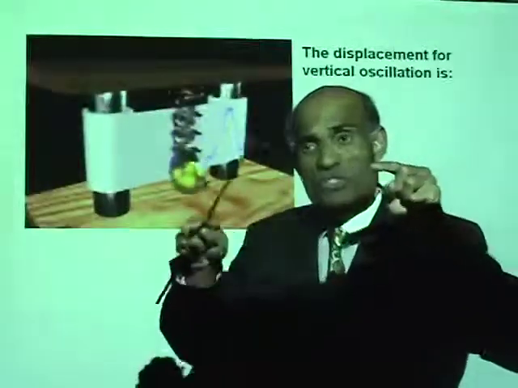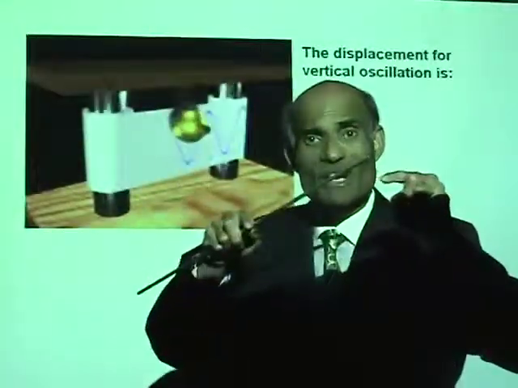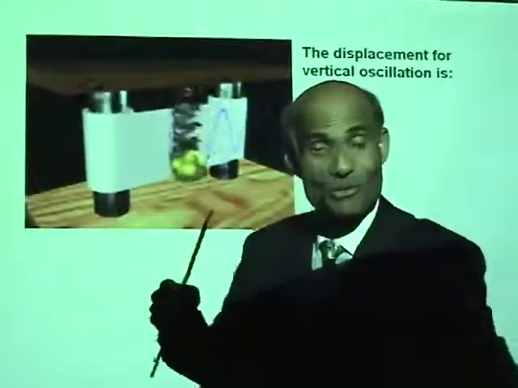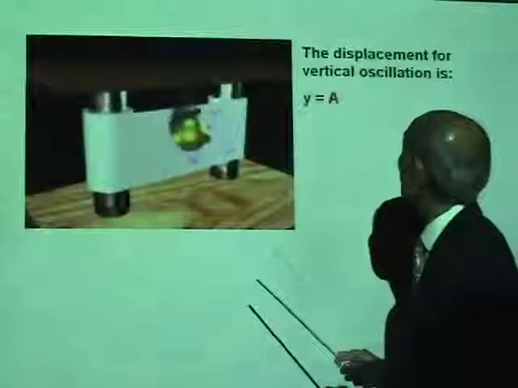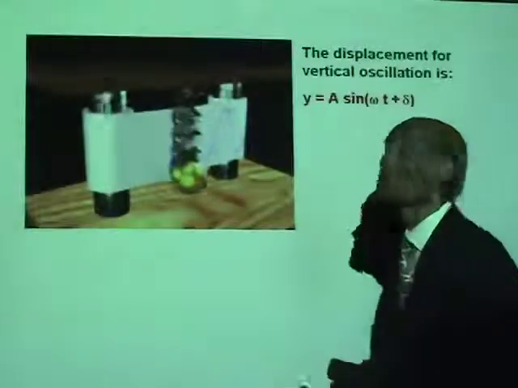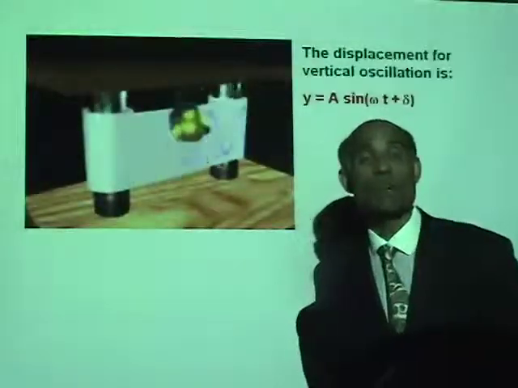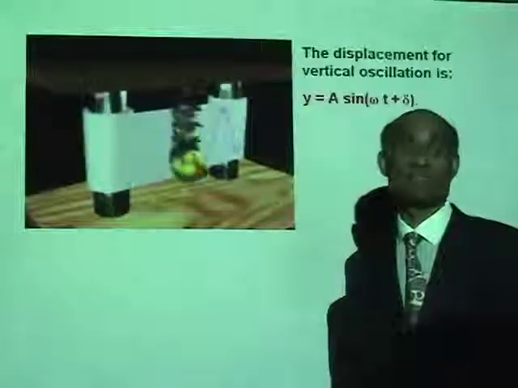What do you call it if distances are measured in the horizontal direction? We call it x, don't we? So the displacement for vertical oscillation is y equals a sine(omega t plus delta).